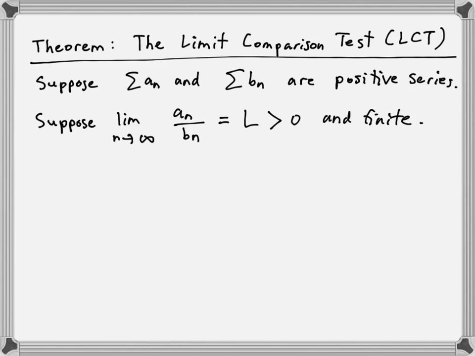So what does this mean? If dividing them gives you this limit, then that actually means that in the long run, AN is just some number times BN. In other words, here's what the theorem tells us. Then AN and BN behave the same.